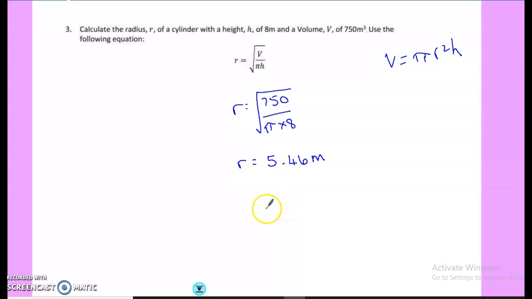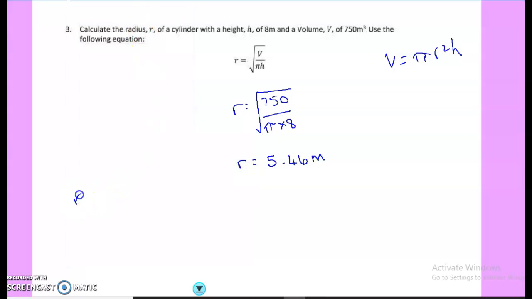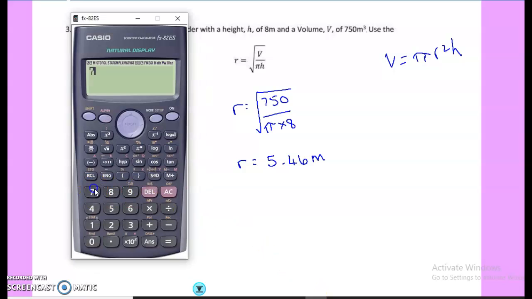Again, if you don't have a scientific calculator, you might need to break that down a wee bit. You might need to do your pi times 8 or your 3.14 times 8 to begin with. That gives you 25.12. So that's 750 divided by 25.12. You might then need to do your division. Just depends how your own calculator works.